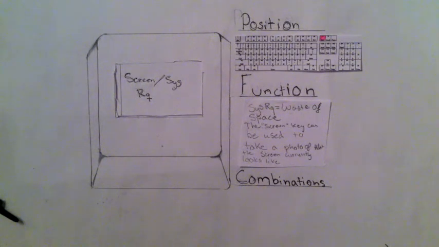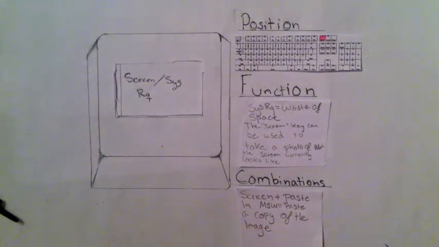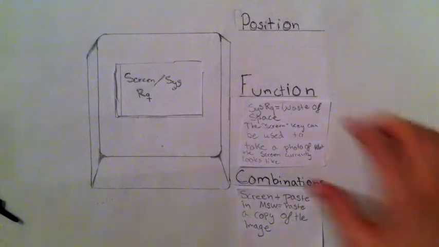The screen, or as you might know it, the print screen, can be extremely useful. By pressing this key, a screenshot will be taken of whatever's on the screen at the moment and saved onto your clipboard where all copied items are stored. However, to access your image, you need to paste it in some other program like Microsoft Word, i.e. it will not actually print the image for you.